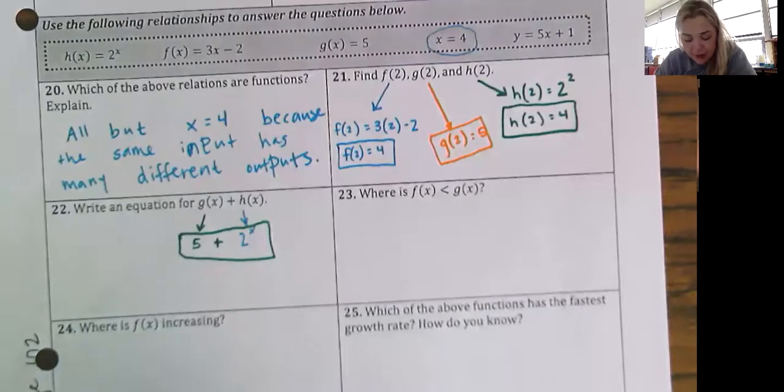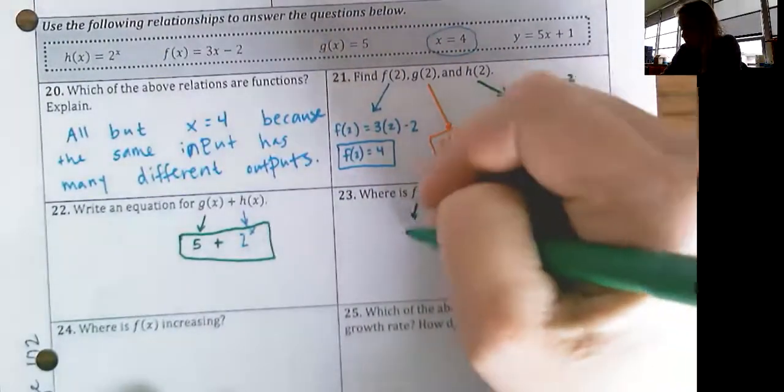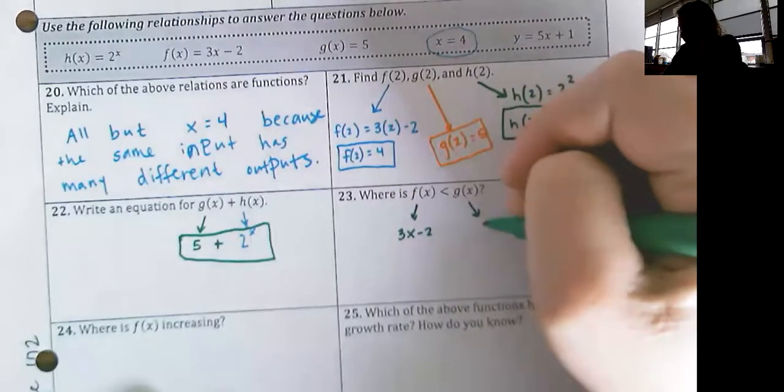All right, this next one, where is f of x greater than g of x? Let's think about that. So it's saying when is 3x minus 2 bigger than 5?